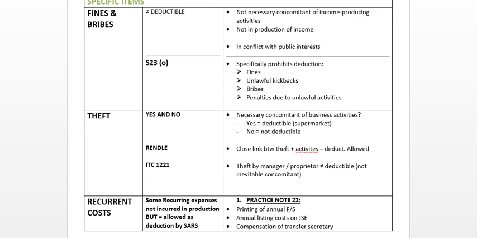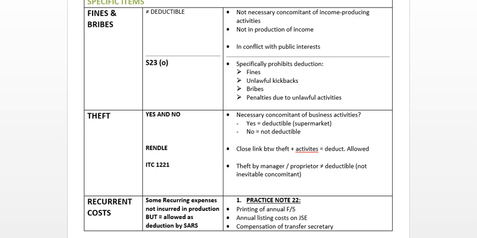Fines and bribes are not deductible. They're not necessarily concomitant of income producing activities, not in the production of income, and in conflict with public interest. Section 23(o) specifically prohibits deduction of fines, unlawful kickbacks, bribes, and penalties due to unlawful activities. So fines and bribes are not an allowable deduction.